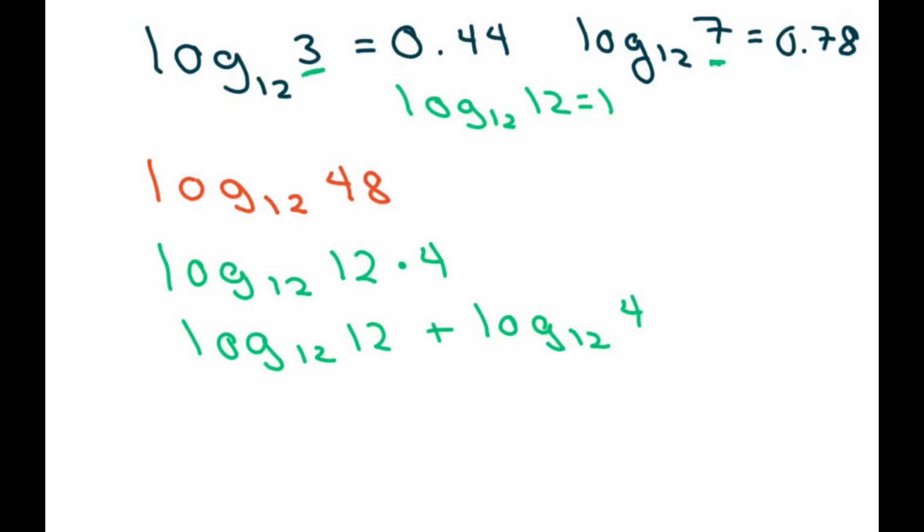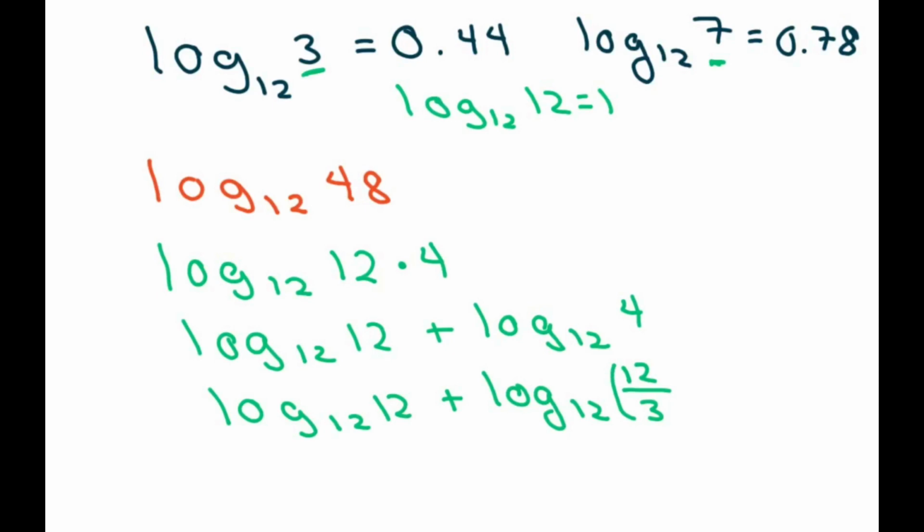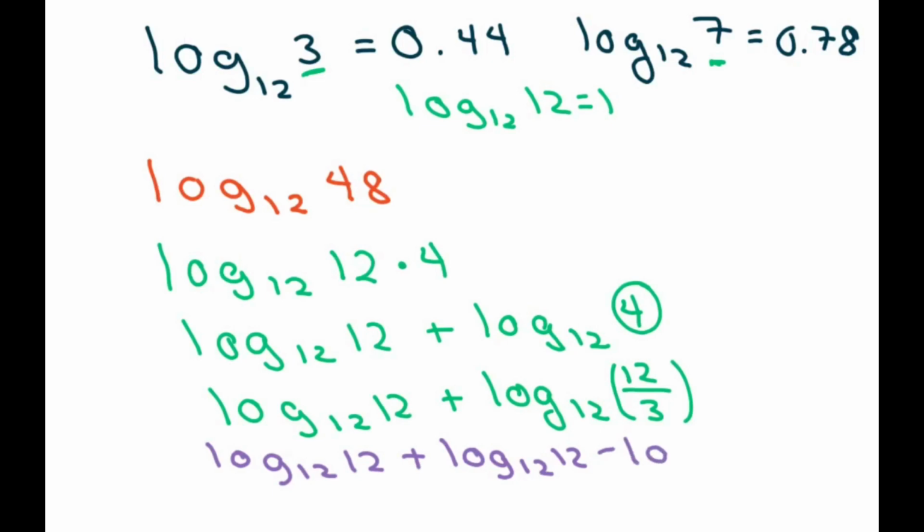Well, I can write 4 differently. I can write it as log base 12 of 12 plus log base 12 of 12 divided by 3, because 12 divided by 3 is 4. So now we have log base 12 of 12 plus log base 12 of 12 minus log base 12 of 3.